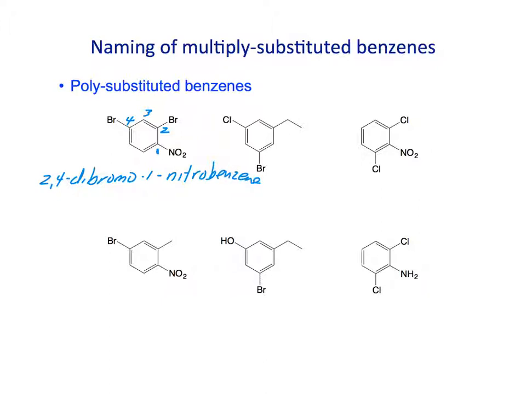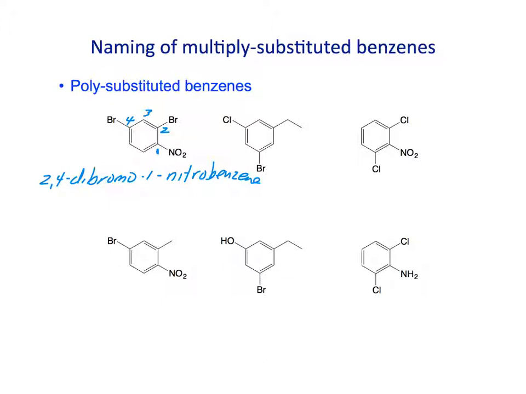What about the second one? Is there a special molecule hidden in there? No, not really on that one either. So where do we start numbering for this one? On the bromine, because no matter where, as long as we start where one of the substituents is, we're always going to have a 1, 3, 5.